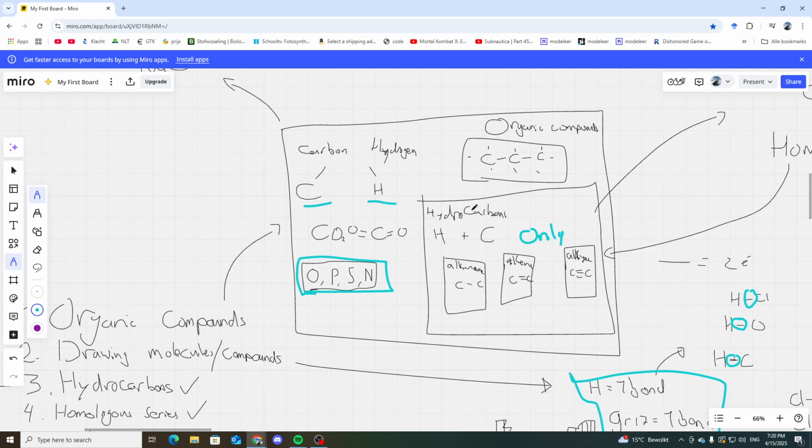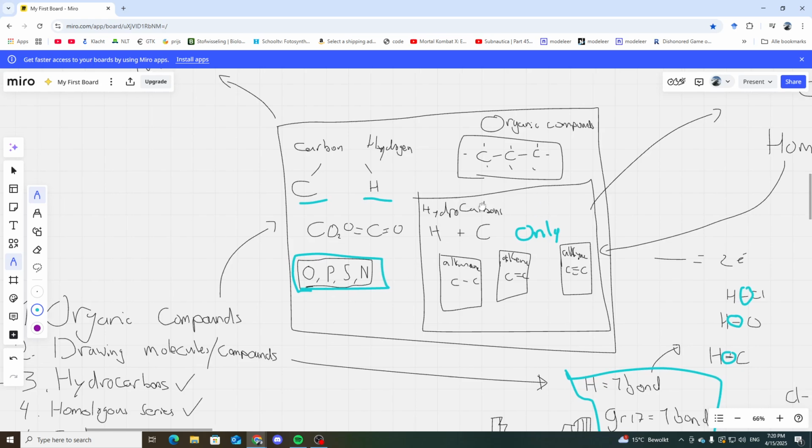It goes crazy. And within that big section of chemistry, we have hydrocarbons. Hydrocarbons, they are more niche because they can only have H and C. There is no O, P, S, or N allowed there. Only H and C's.